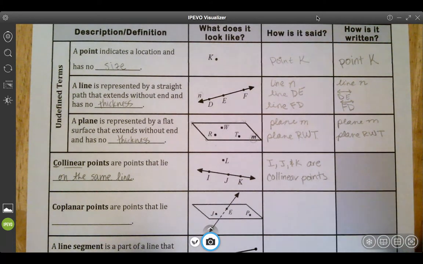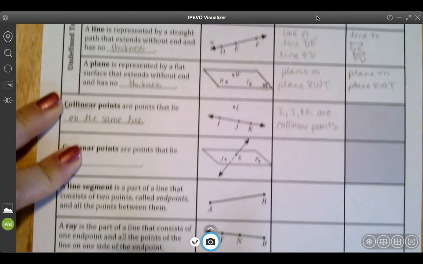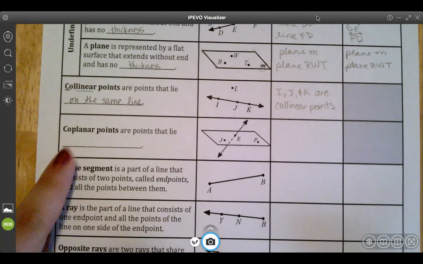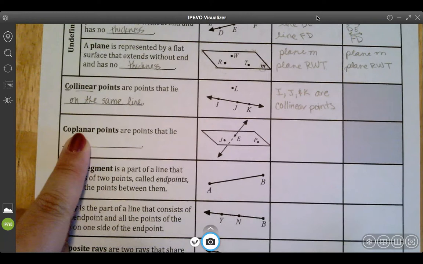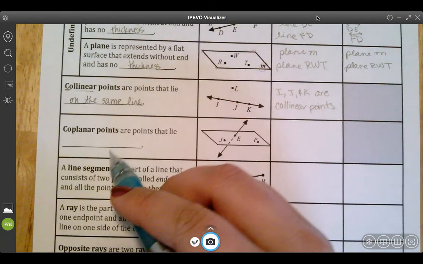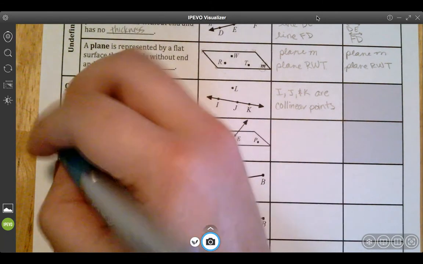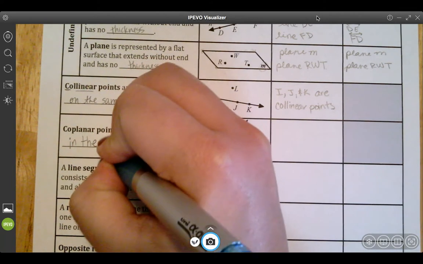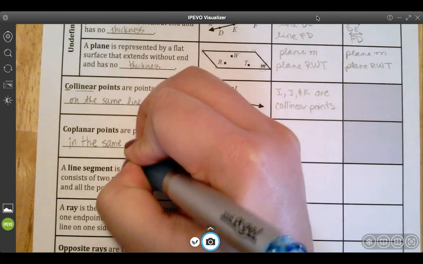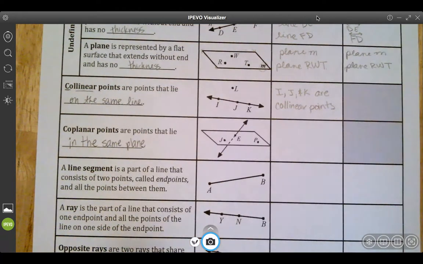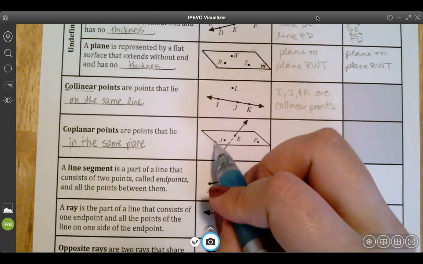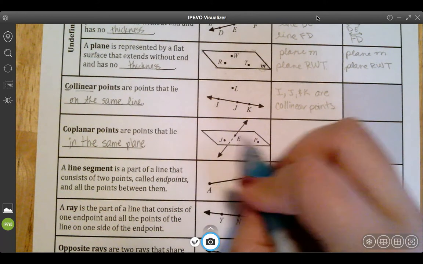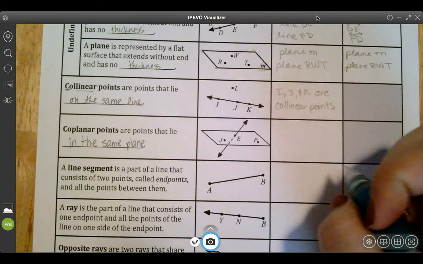Just like collinear means on the same line, if we look at our next definition, it is coplanar, meaning on the same plane. So when we're looking at coplanar points, they're points that lie in the same plane, or you can say on the same plane, that's fine as well. So if we're looking here, J, E, and P are all coplanar.